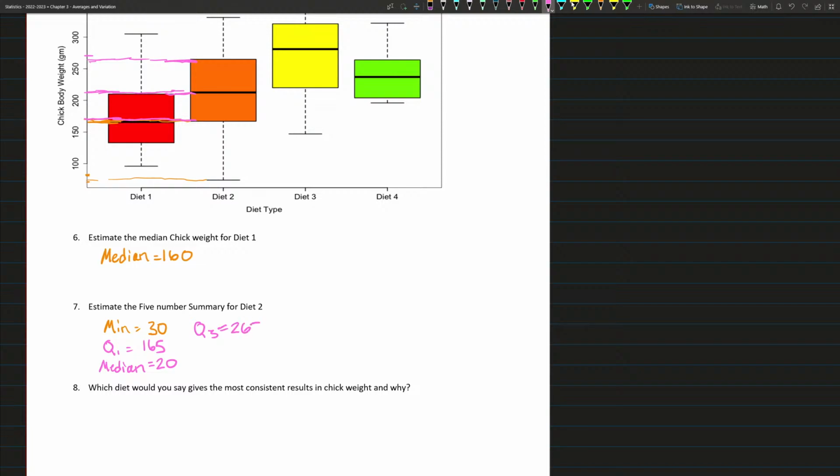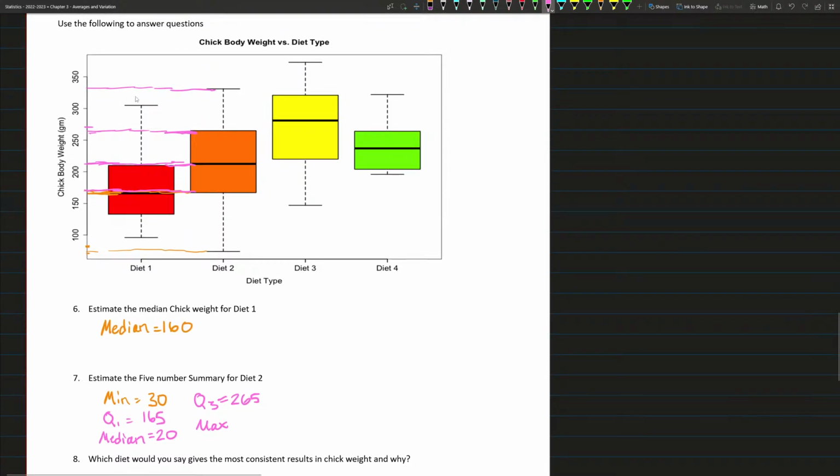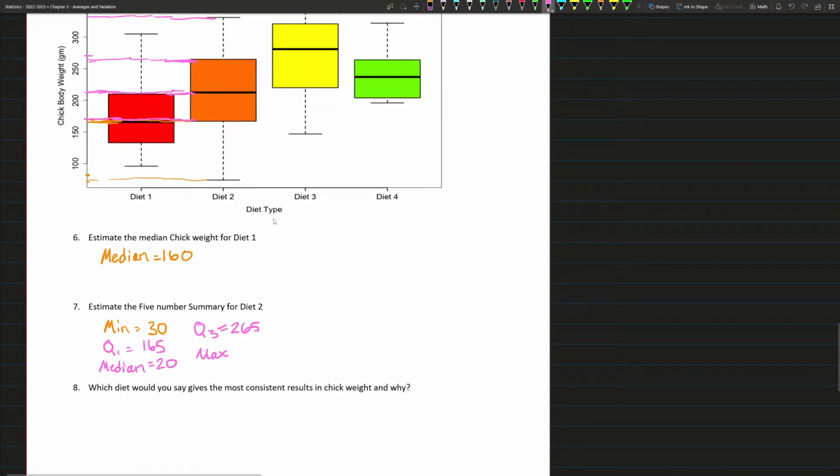And then the max, that's this value right there, just above 325. We can say like 335 for that. And then that's our 5-number summary.